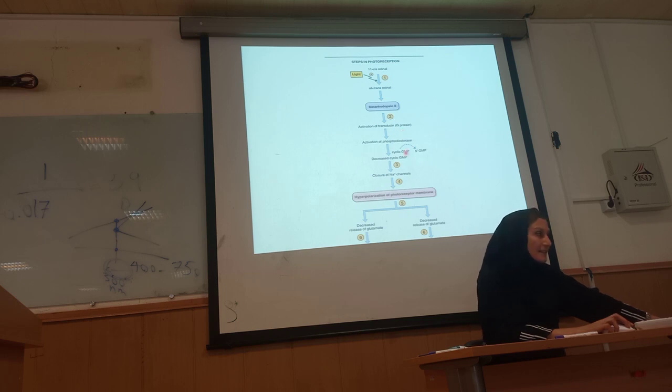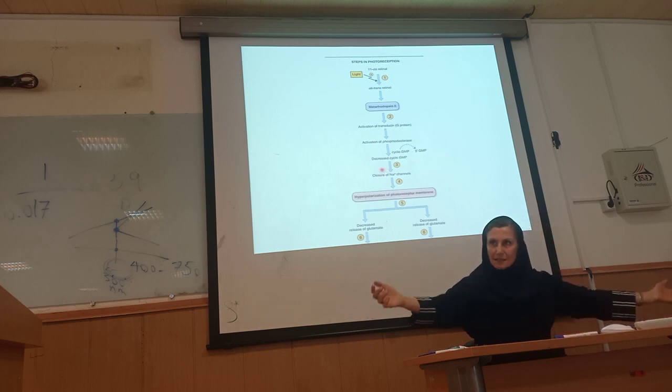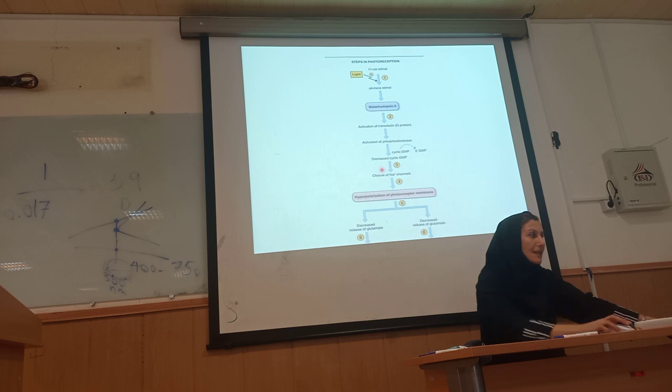And after that, the G protein transducin activates an enzyme, phosphodiesterase, that converts cyclic GMP to linear GMP. What happened? The amount of cyclic GMP decreases and the closure of sodium channels happens.